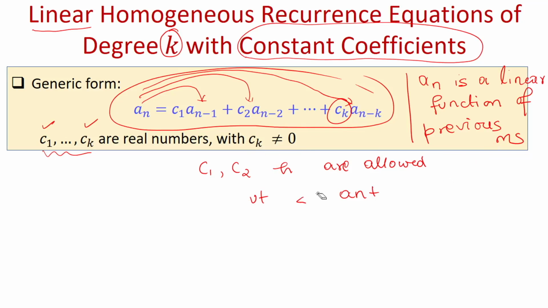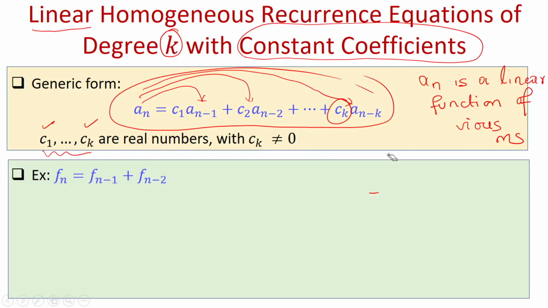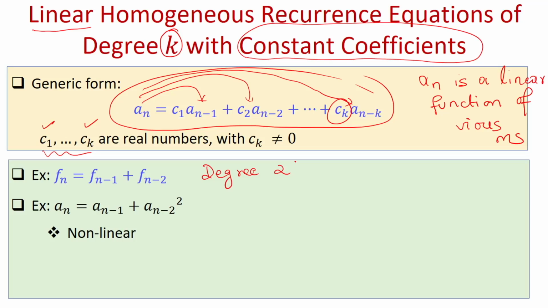Okay, so let's see some examples of this category of recurrence equations. Your well-known Fibonacci function or Fibonacci recurrence equation falls in this category. Here the degree is 2, because f of n depends on the previous two terms. Now this equation is not falling in this category.